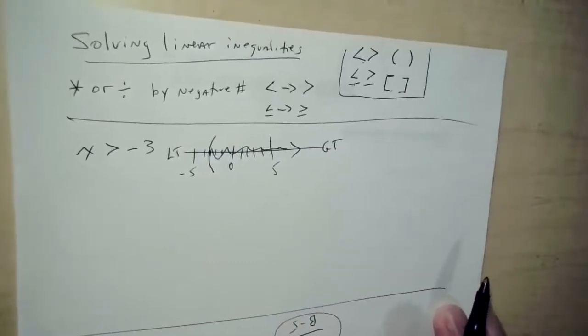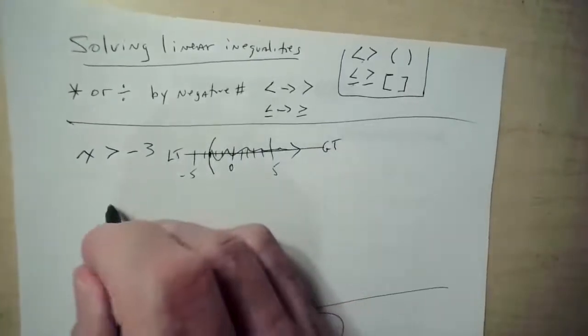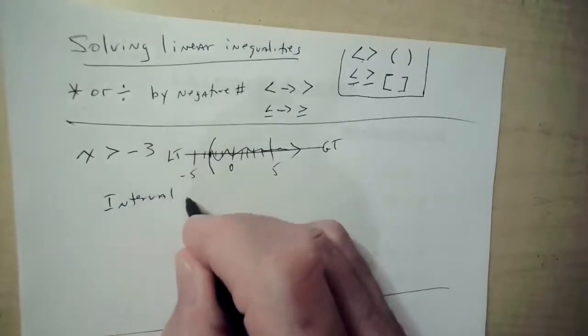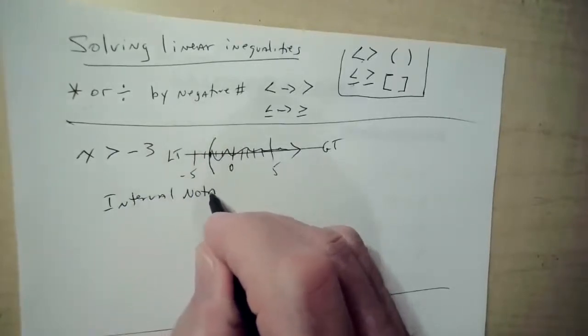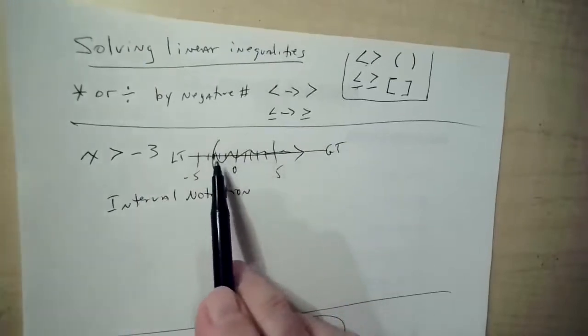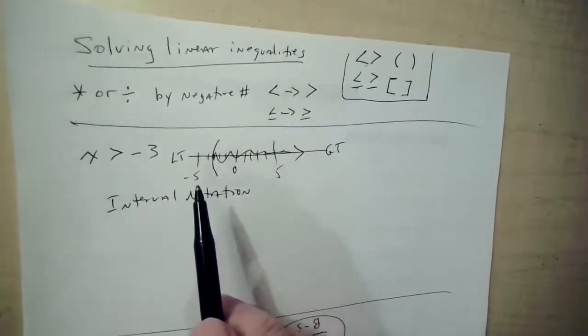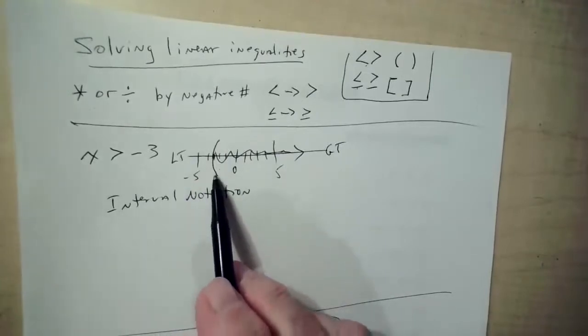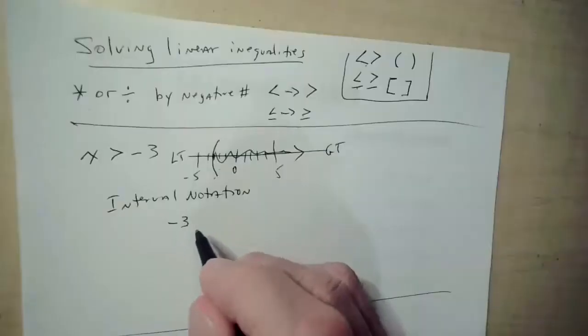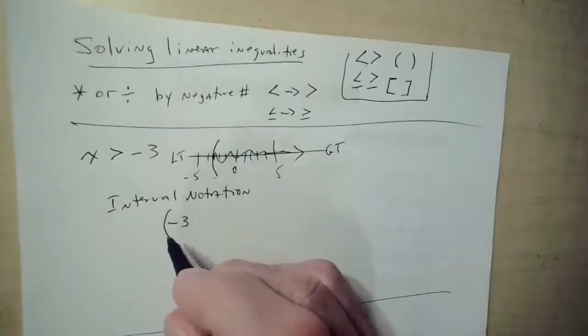And we also have a thing called interval notation. I-N-T-E-R-V-A-L, interval notation. Now, interval notation mimics the graph. What's on the low side? What's the least this number can be? Negative 3.